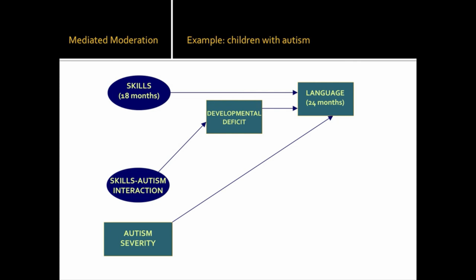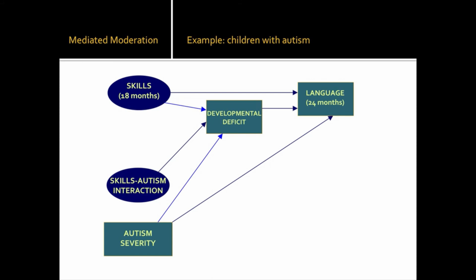Now we've just split that skills autism interaction into two arrows, and this is actually like a full mediation, right? Because the skills autism interaction predicting language acquisition has developmental deficit in the middle of it. And so that's a full mediation hypothesis to start with, or I guess a fully mediated moderation is what that is. But then we can add in some other arrows. Again, these kind of clutter up the diagram, but are often included as well.